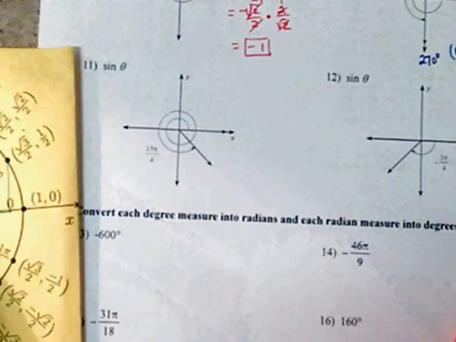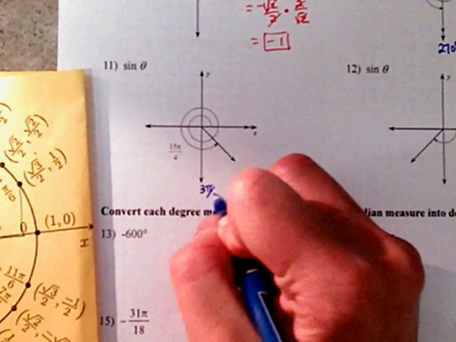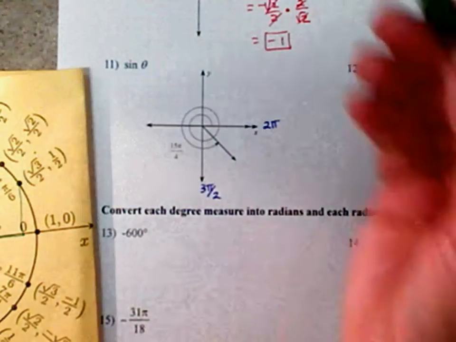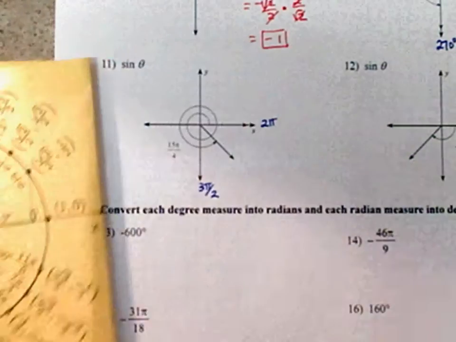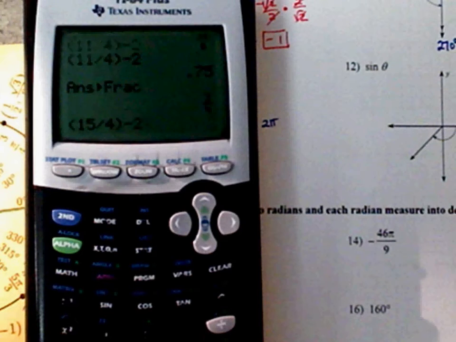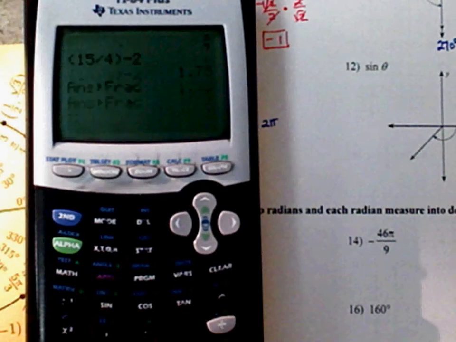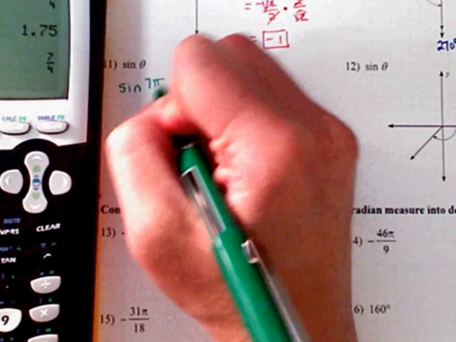Number 11. Okay? It needs to be between 3 pi over 2 and 2 pi. So let's take a look. So I started off with 15 pi over 4. Okay? So 15 divided by 4 minus 2. Okay, see how it's under 2? So go ahead and hit math frac, which is the same thing as sine of 7 pi over 4.